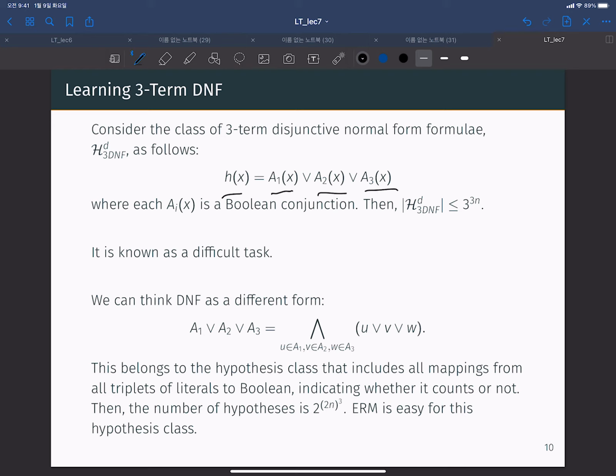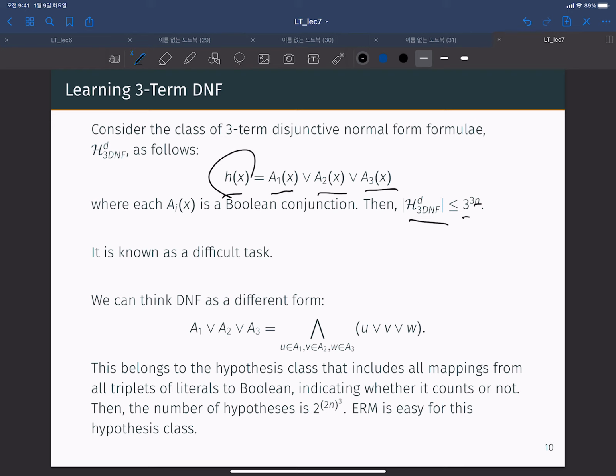Okay, when one of the Boolean conjunctions is true, then h(x) is true. Then the cardinality of the class of such hypotheses is less than or equal to 3 to the 3n. So a very huge hypothesis class.